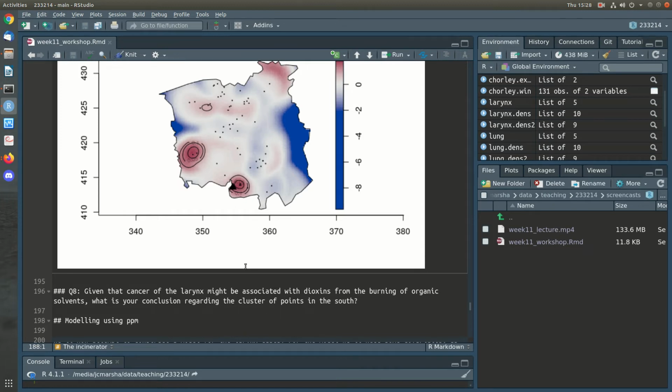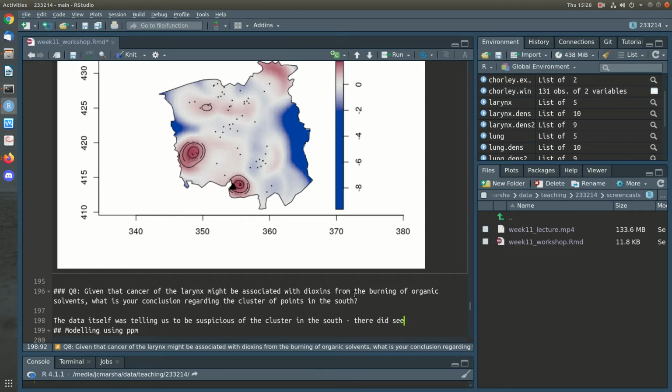So I think there's more evidence here of the clusters of the point in the south. So the data itself was telling us to be suspicious of the cluster in the south. There did seem to be some evidence of increased risk there.